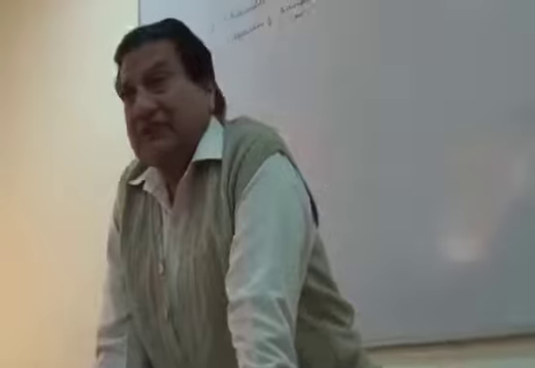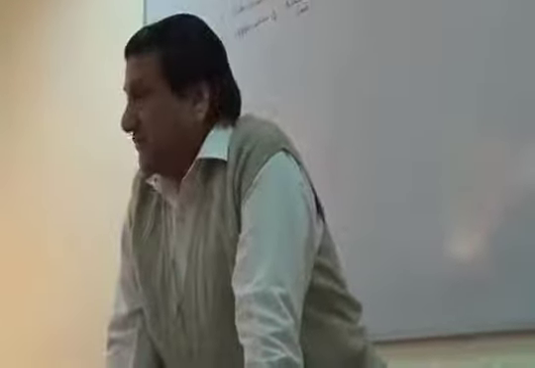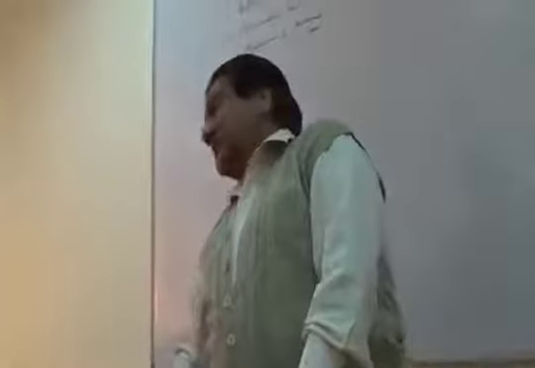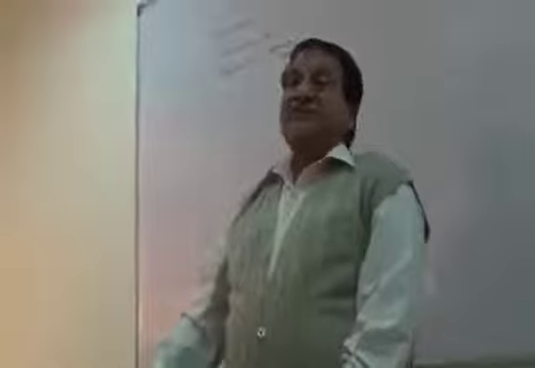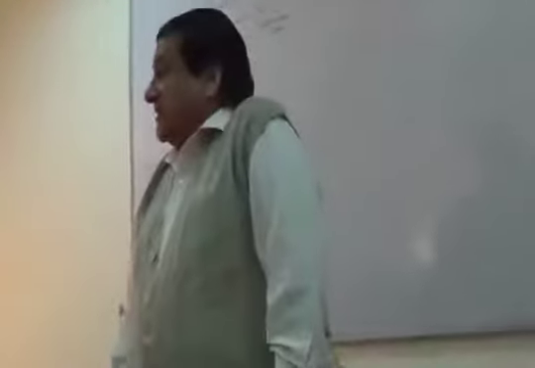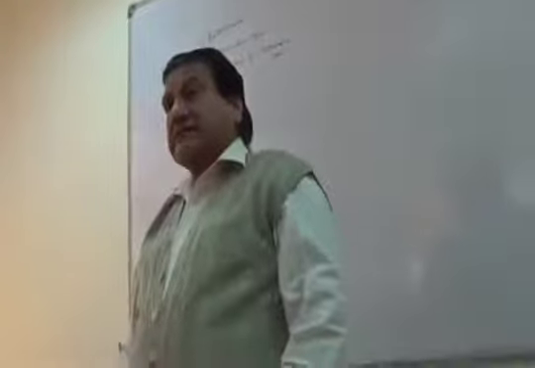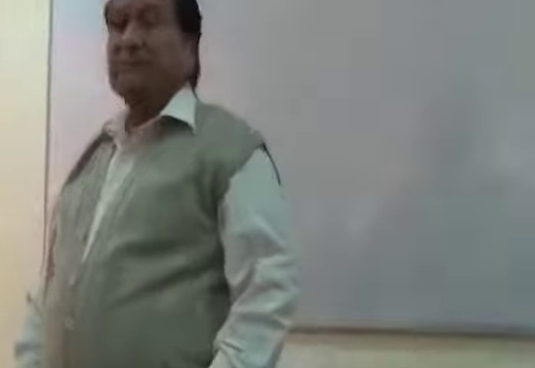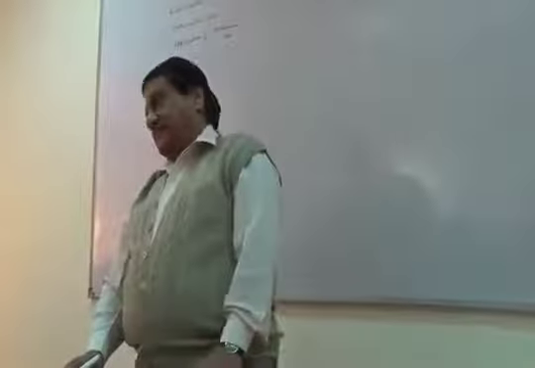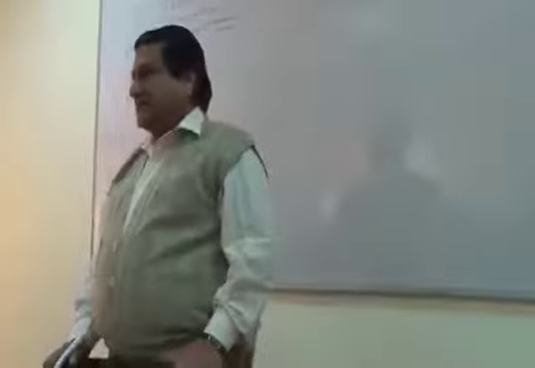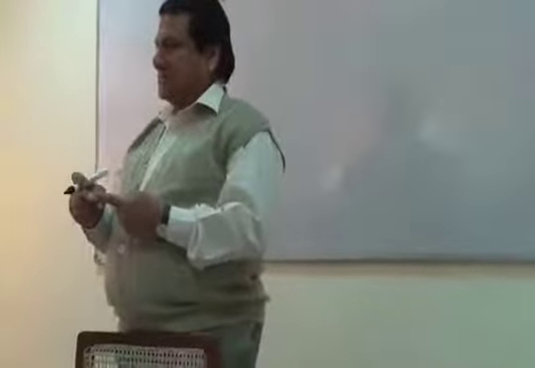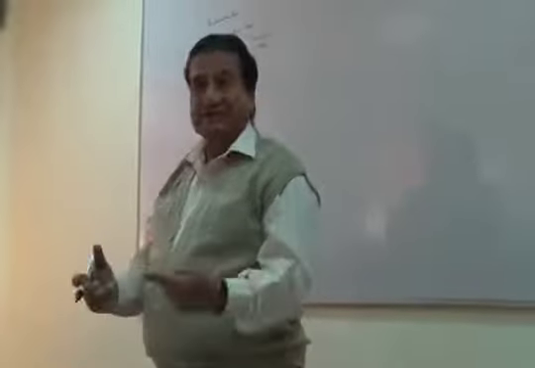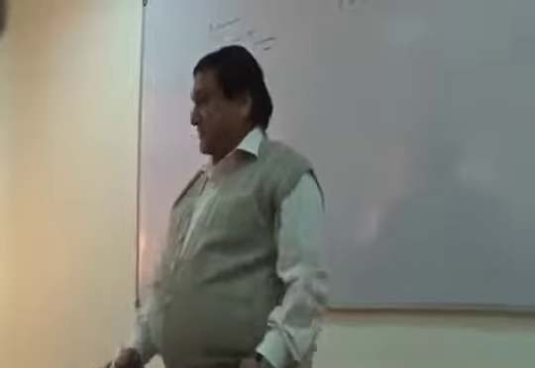But when it comes to the behavior of information, we will have to see what are those parameters in which we would like to study the behavior of information. That is one thing. And second thing is that what techniques we are going to apply to study the behavior of information. You understand my point? First, study of the properties and behavior of information. Second, how to study the behavior of information.